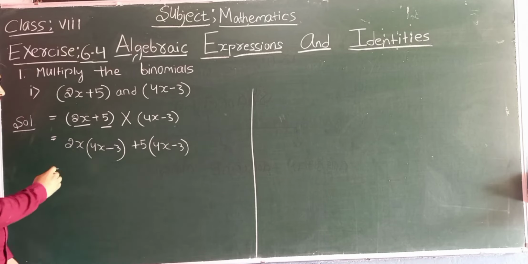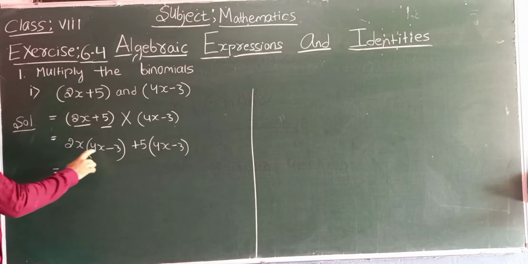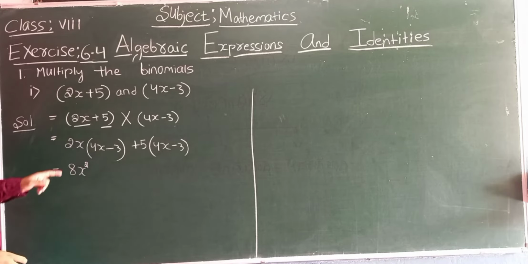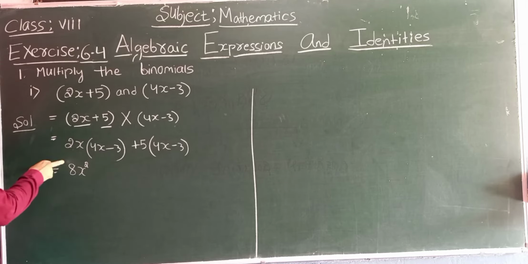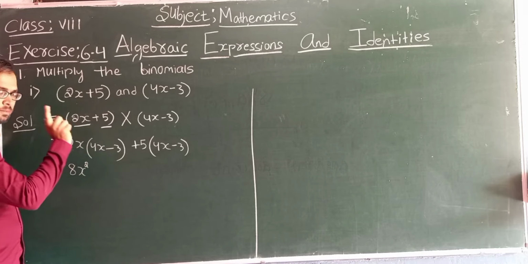Now the bracket indicates multiplication. So 2 4s are 8, x into x will be x square. Here we need to first multiply 2x with 4x, and next we need to multiply 2x with minus 3.